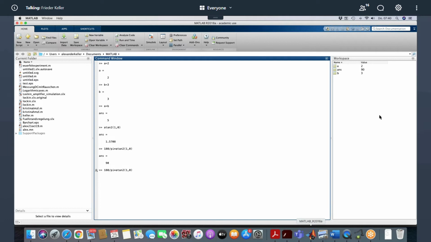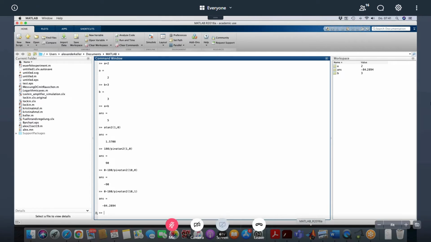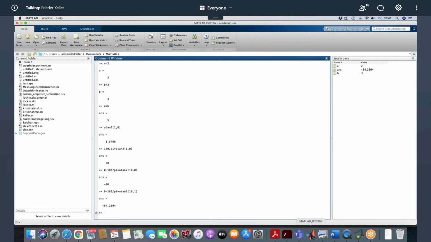Angle of the numerator is 0 minus, then I convert that to degrees with atan2, and as the imaginary part is 10, this should come out minus 90? My goodness, what did I do wrong? Here I must insert a 1, minus 84.3. So this is a value which I did not have in mind.